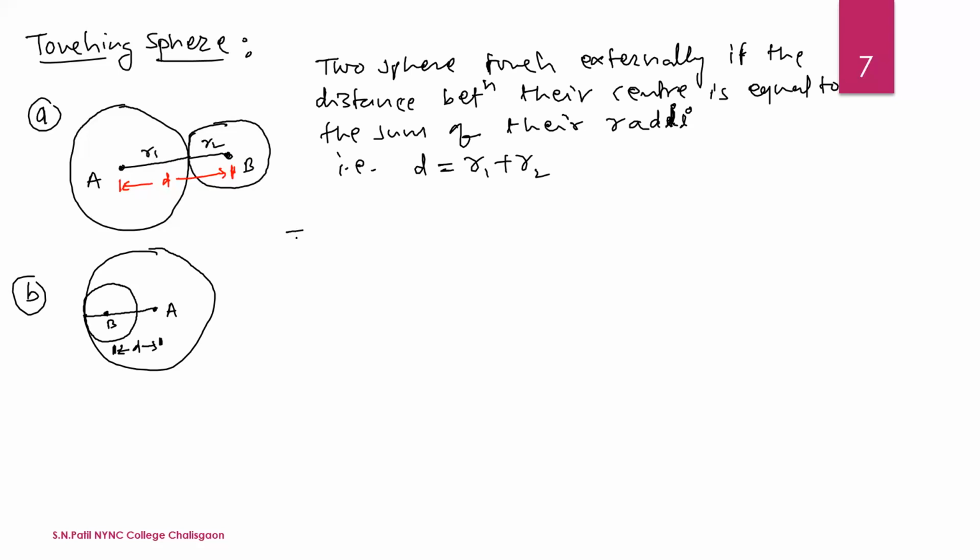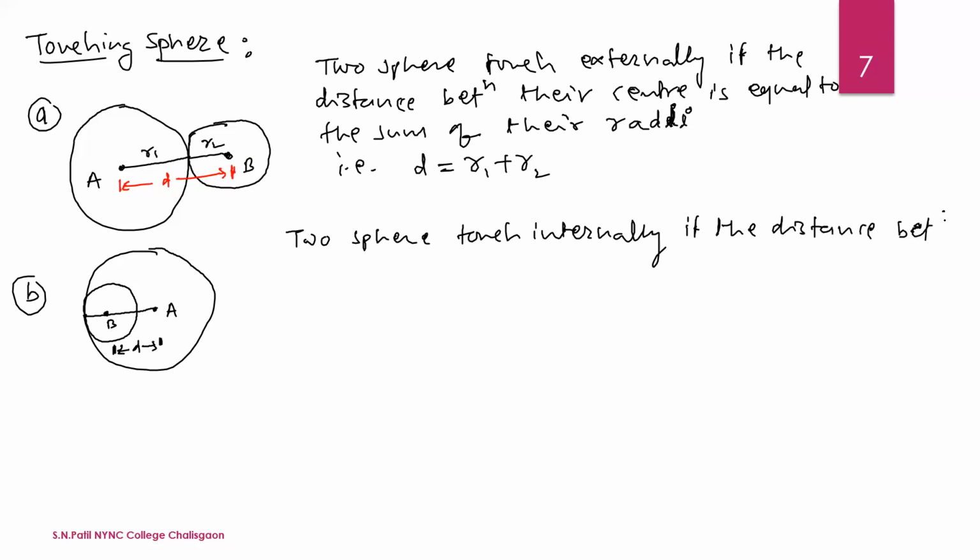The two spheres touch internally if the distance between their centers is equal to the difference of their radii.